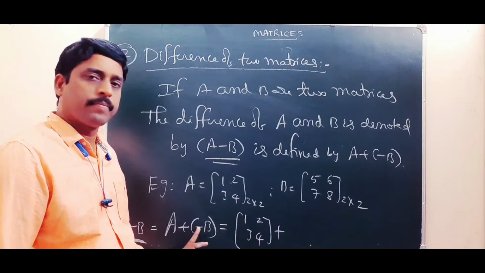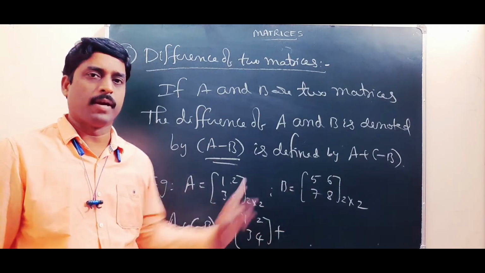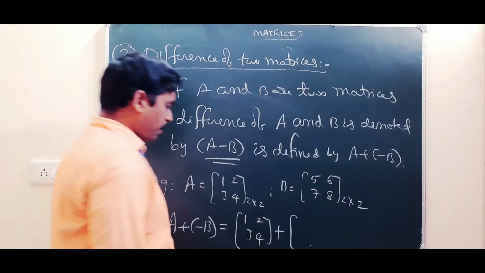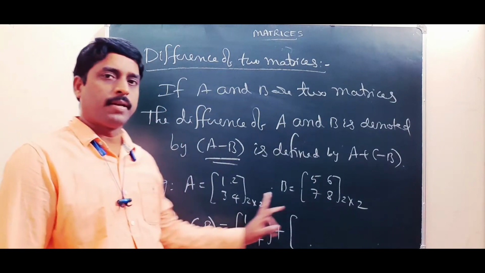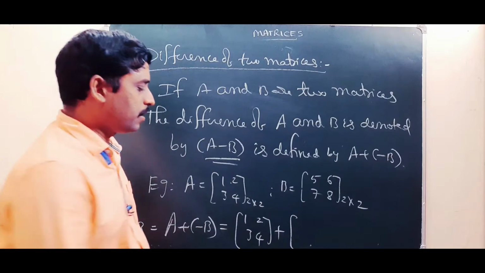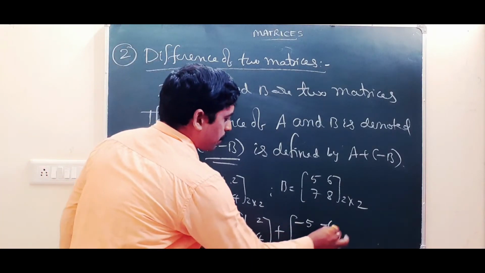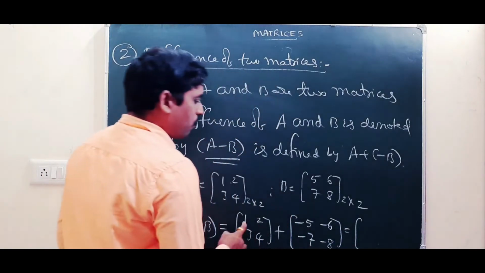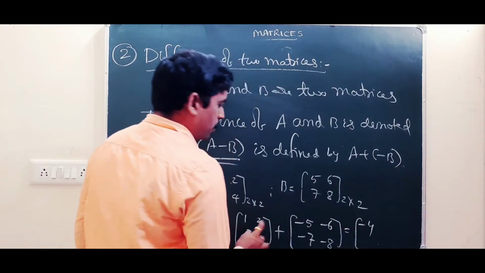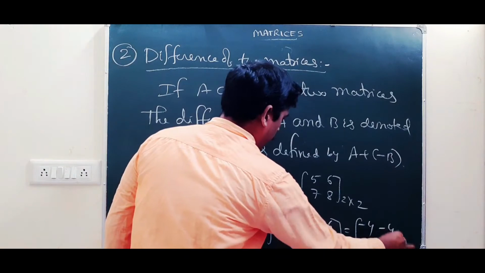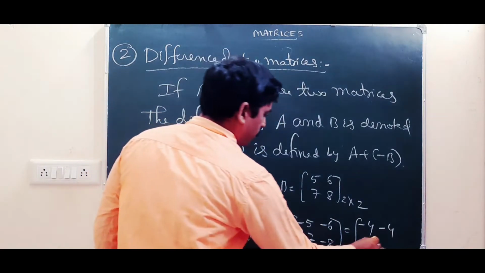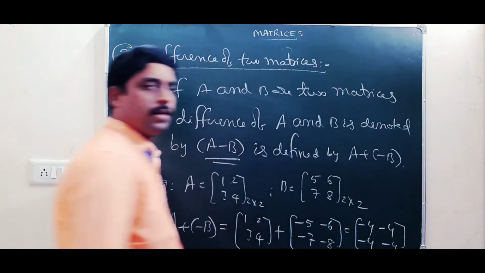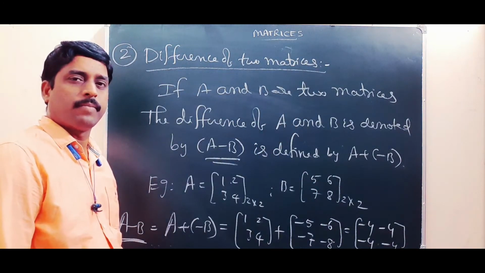The additive inverse of the given matrix, so minus 1 multiplied to every element of B: minus 5, minus 6, minus 7, minus 8. It will be 1 minus 5, 2 minus 6, 3 minus 7, 4 minus 8. This is subtraction of matrices.